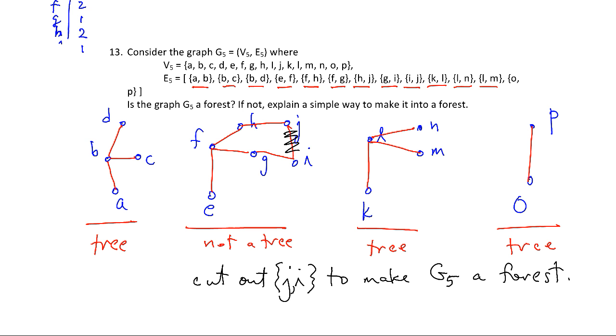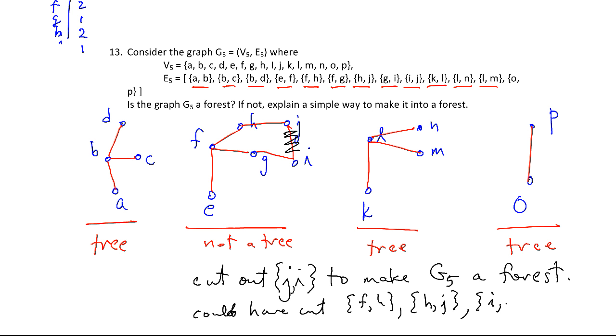I could have cut out any one of F, H. Now I can't cut them all out, just one or the other. H, J, J, I. Doesn't matter the order because it's sets.